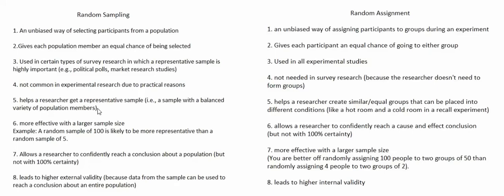And let's move on to point number 5 for random assignment. Random assignment helps a researcher create groups that are similar to each other that can be placed into different conditions in an experiment. So if a researcher takes a sample of, let's say, 100 people and randomly splits it into 2 groups of 50, it's not likely that all of the men will go into group 1 and all of the women will go into group 2.